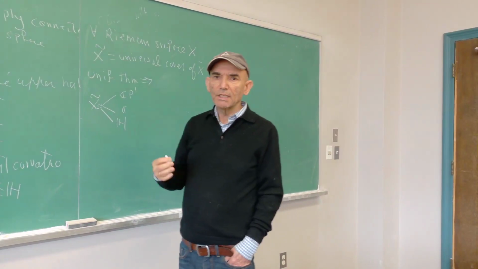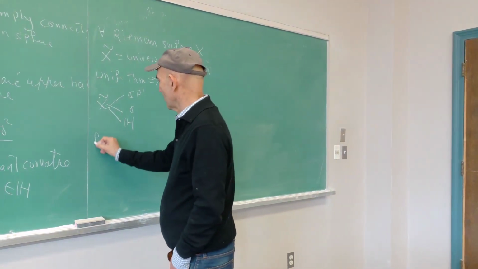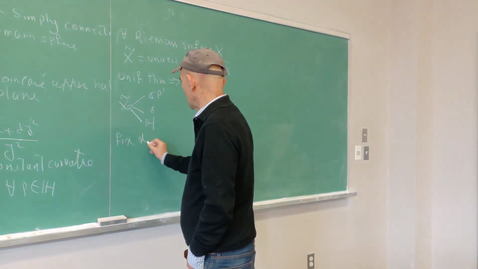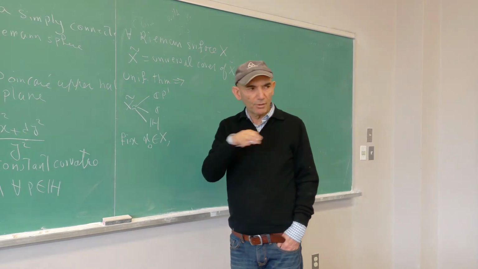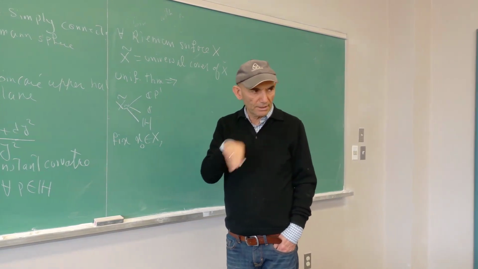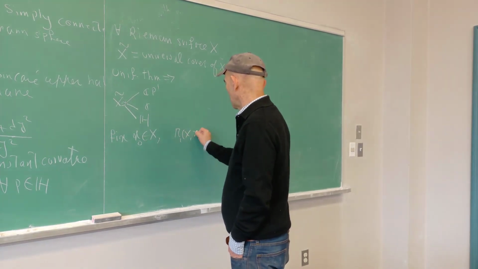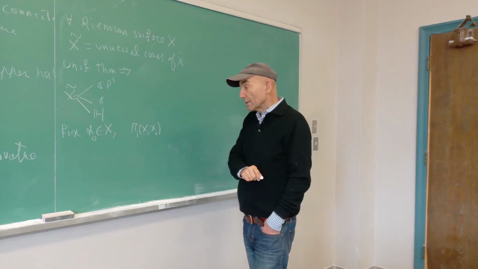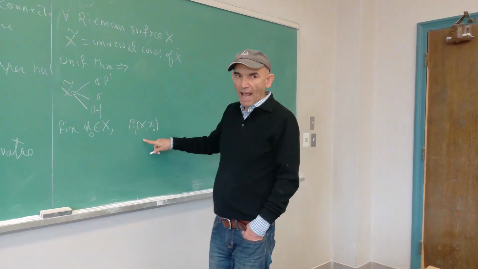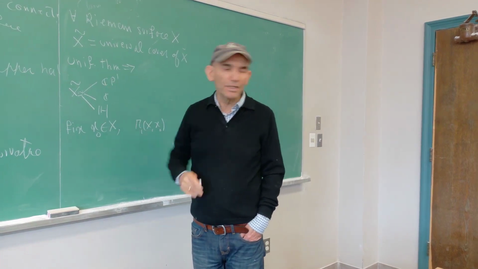Then what we did, we fixed a point on X, and then we looked at the fundamental group of the manifold at that point. So this acts on X tilde by covering transformations.